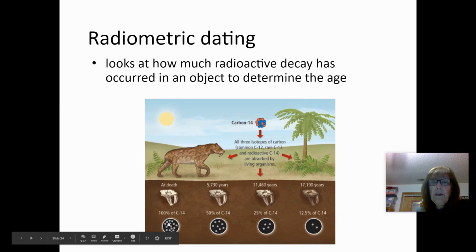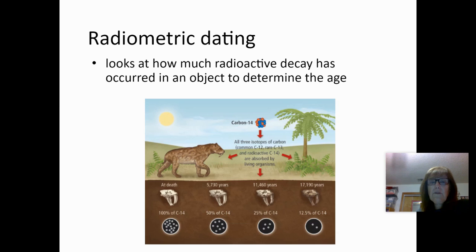So for example, if we start with radioactive carbon, C14, we know that it takes 5,730 years for carbon to break halfway down. That means if we look at it and we say, okay, 25% of C14 remains, we know that we have passed 2 half-lives.